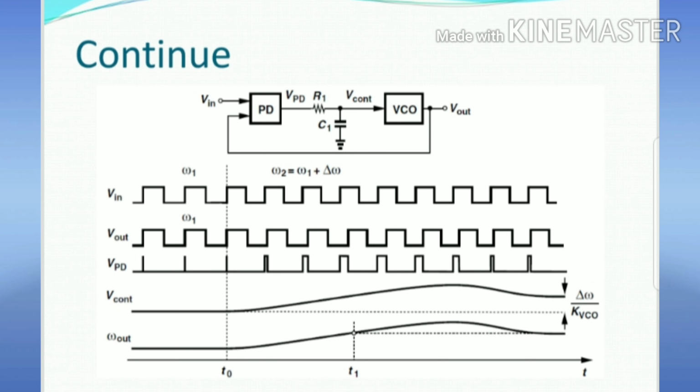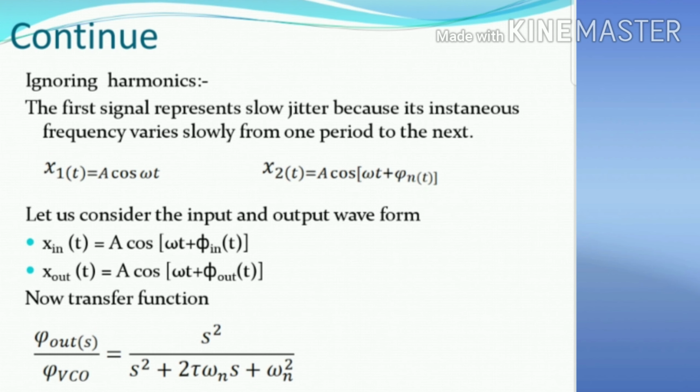You can see jitter in PLL in this slide. Ignoring harmonics, the first signal represents slow jitter because its instantaneous frequency varies slowly from one period to the next. Here, for example, x1(t) equals A cos omega t. Similarly, x2(t) equals A cos (omega t plus phi n(t)).